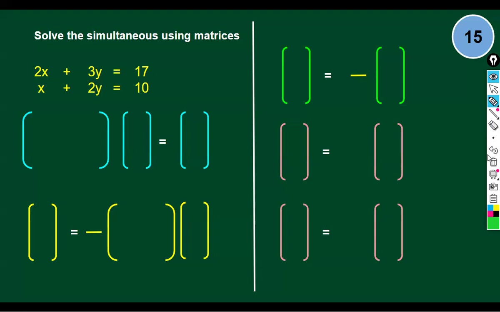So if you look at a simultaneous equation, at first glance, it does not look like a matrix. You have to make it look like a matrix, and it's not going to be hard at all. Whenever you're doing this, make sure the X's come first and they line up on top of each other. Make sure the Y's come second and they line up on top of each other.